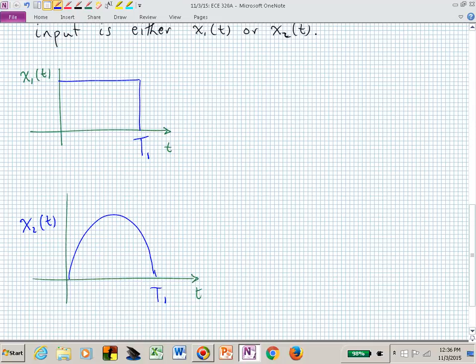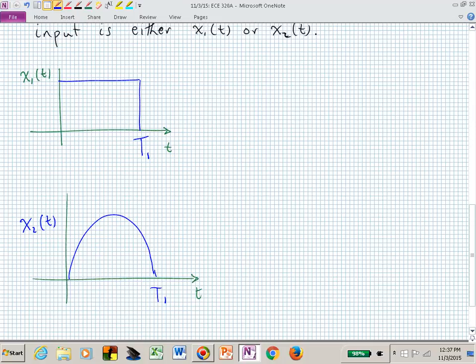Would it look at all like x1, or would it look different, and how would you tell that? And would your output due to the input x sub 2 look similar to x sub 2, or would it look different? And how much different?